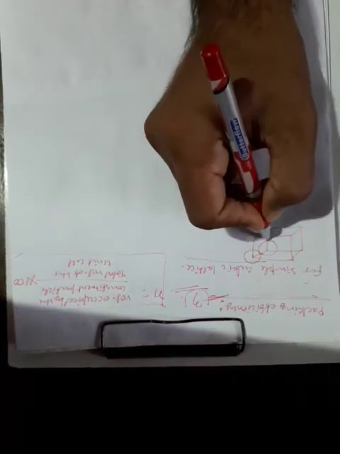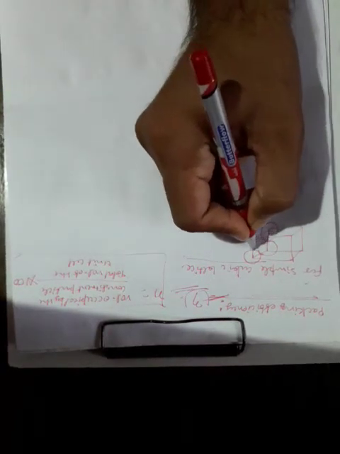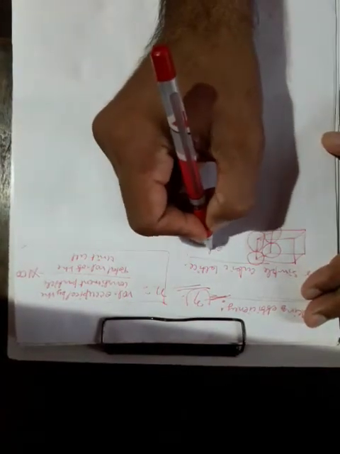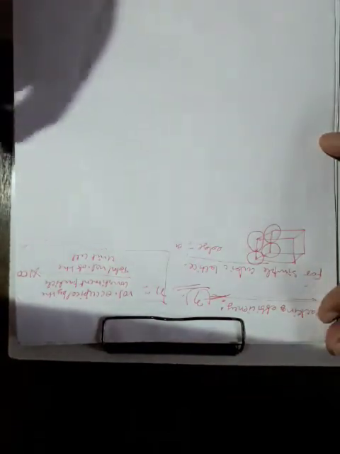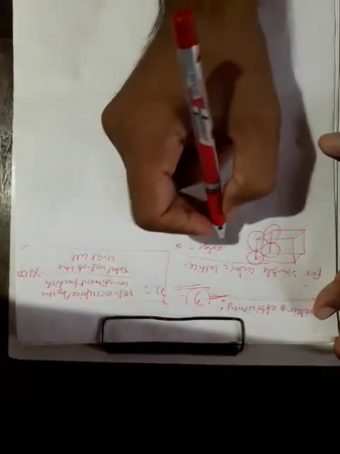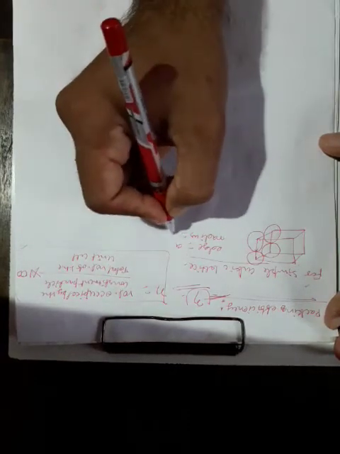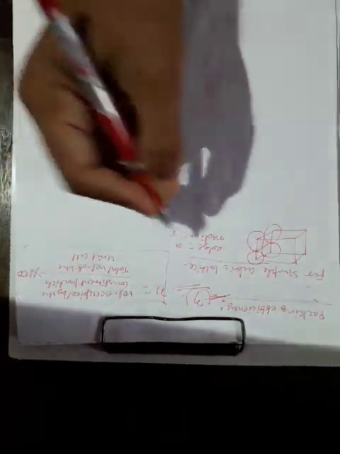If the edge length of the unit cell is equal to a, and the radius of the constituent particle is equal to r.